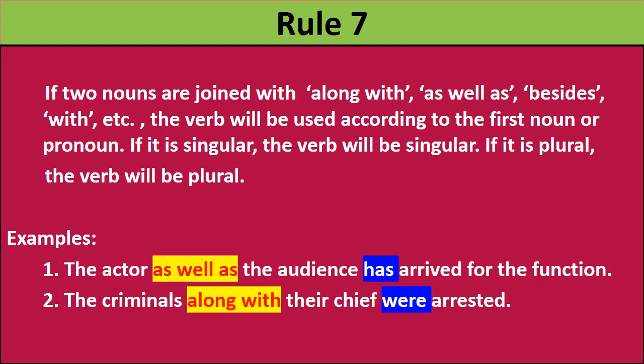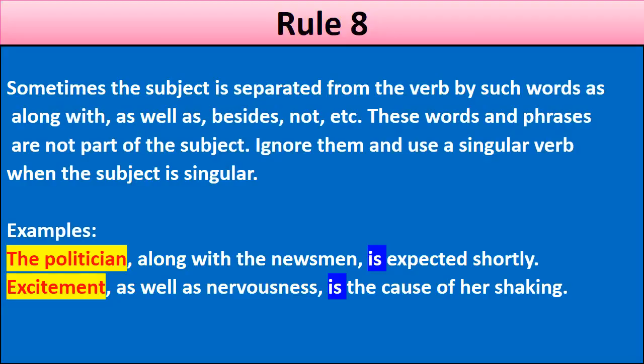So this is a plural subject. That is why the verb provided is were, which is also plural. So you have to check the first noun and accordingly you will have to provide the verb, if two nouns connect using the words along with, as well as, besides, with, etc. I hope this is clear to you. Next rule.